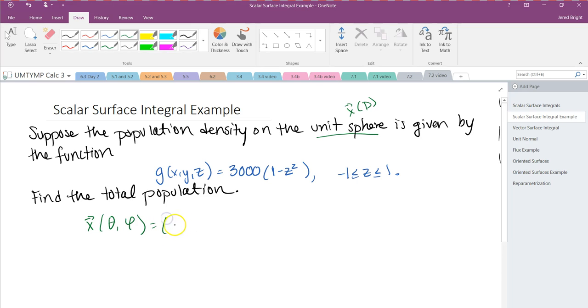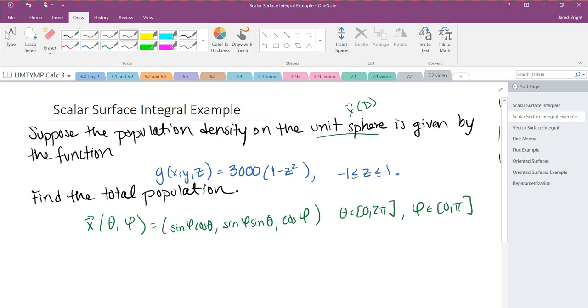Our surface has a radius of 1, so it would be rho sine phi cosine theta, but rho is just 1, and then sine phi sine theta, and then rho cosine phi, or just cosine phi. Theta is within 0 to 2 pi, and phi is within 0 to pi. Great, lovely.